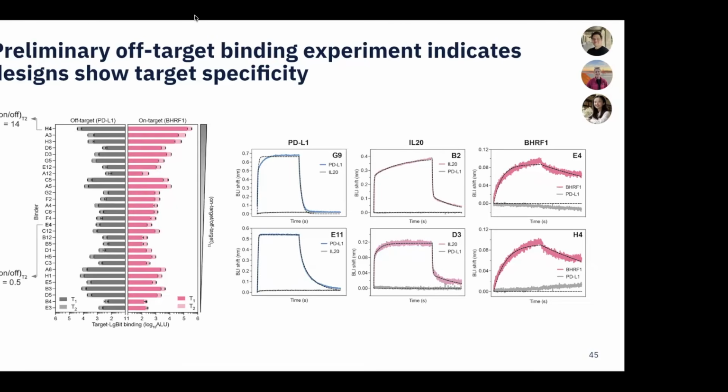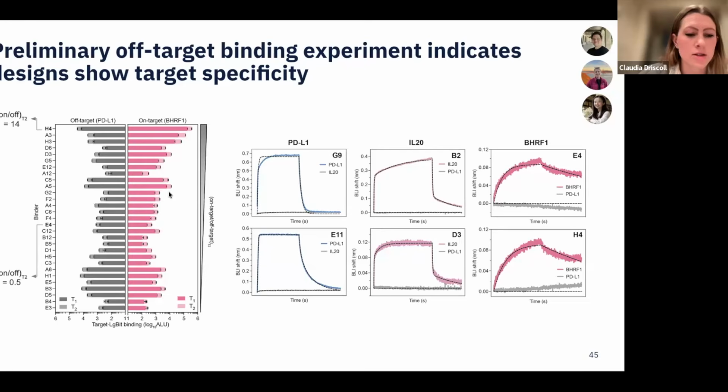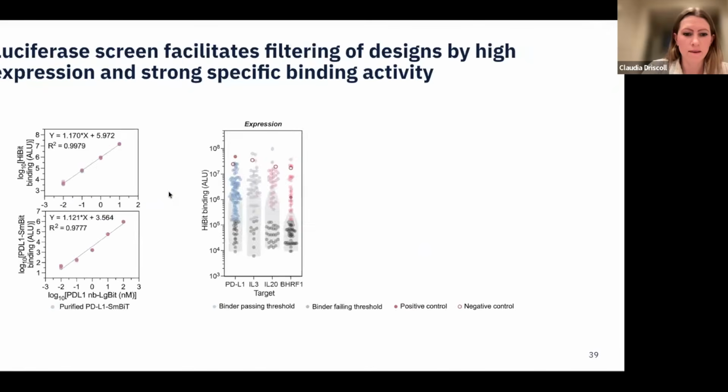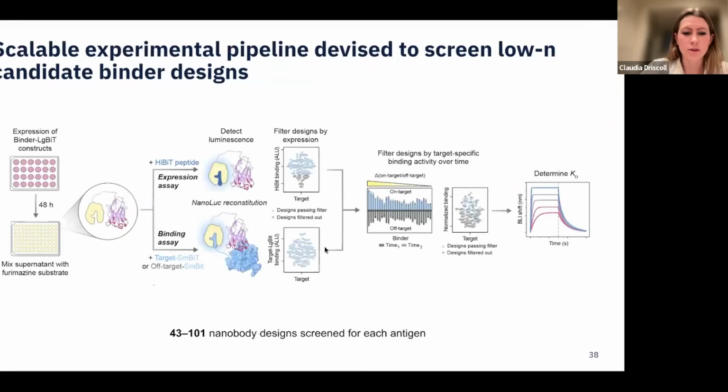And sorry, what's on the left of this slide? The left is just the raw luminescence that you read out when you perform the binding assay. Wait, let me just go back. So this bottom panel of the pipeline is what we're quantifying in that instance.